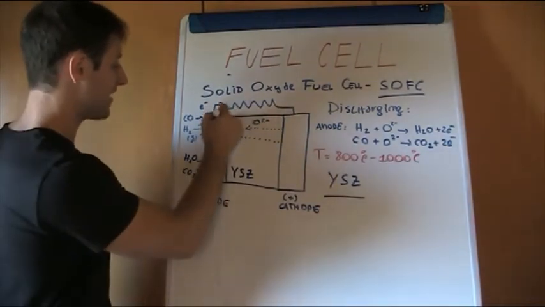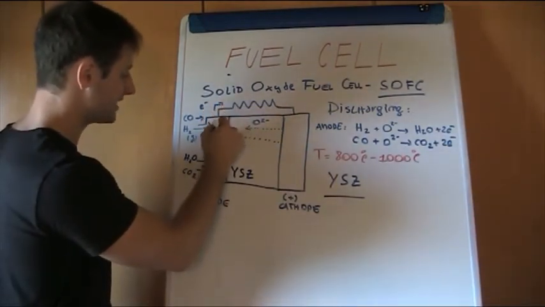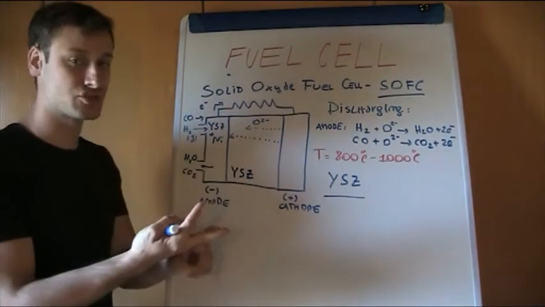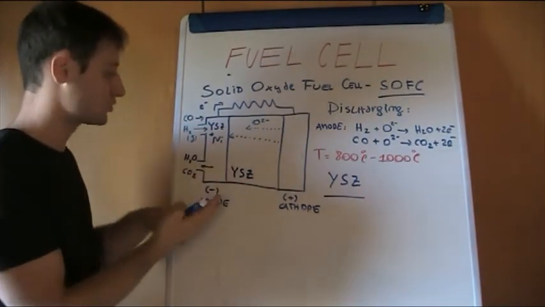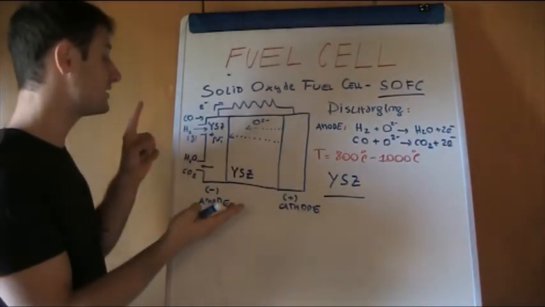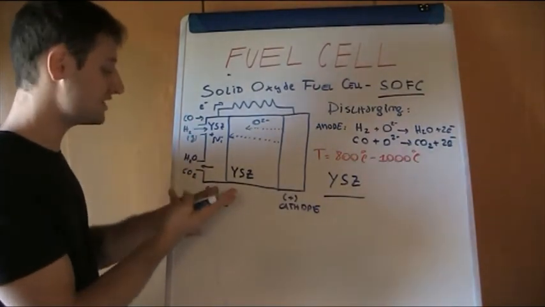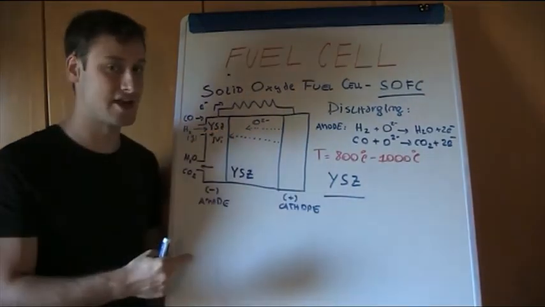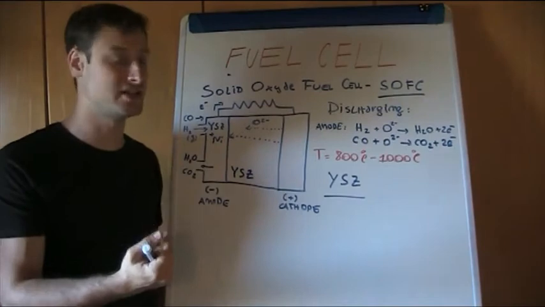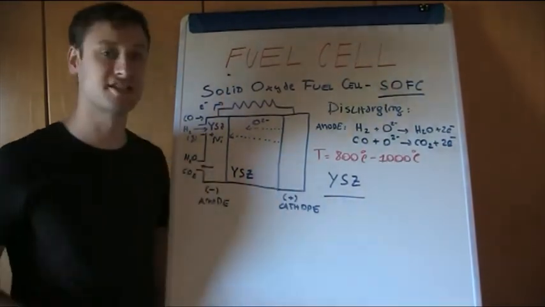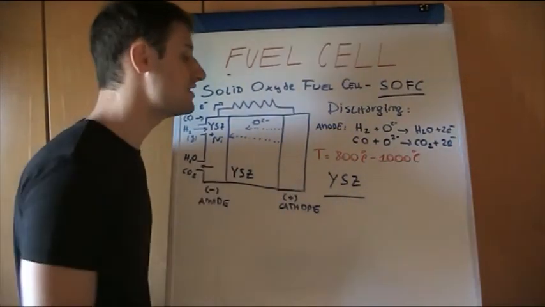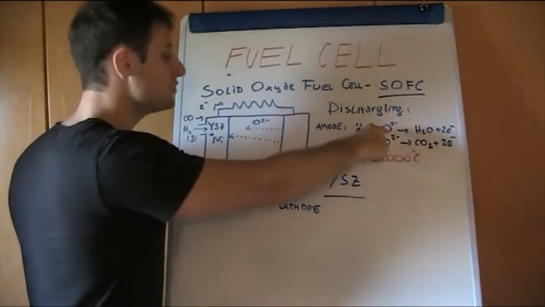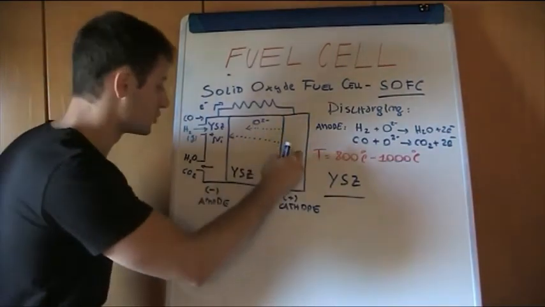And so here we have yttria stabilized zirconia plus nickel, because in this way we are able to ensure the conductivity, a porous structure allowing the passage of hydrogen, and at the same time, the fact that this electrode is made partially of the same material as the electrolyte ensures good compatibility between it and the electrolyte itself. And yttria stabilized zirconia is used because it's able to convey these reduced oxygen atoms from the cathode to the anode.